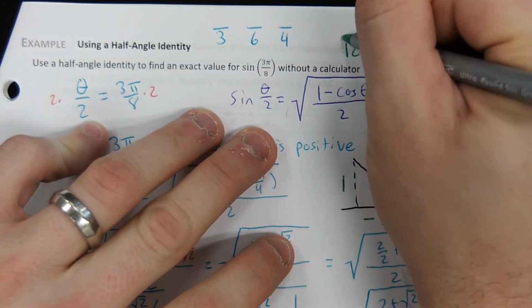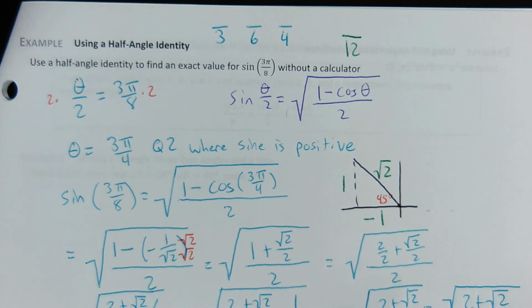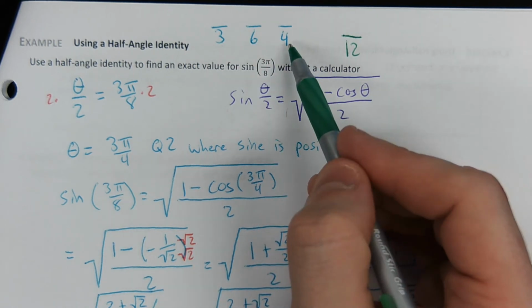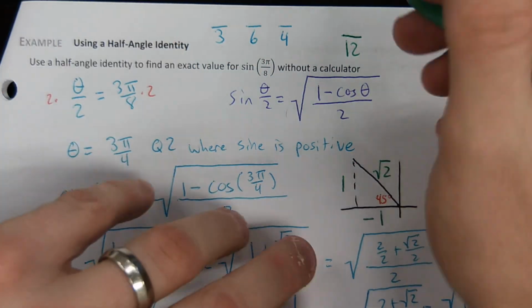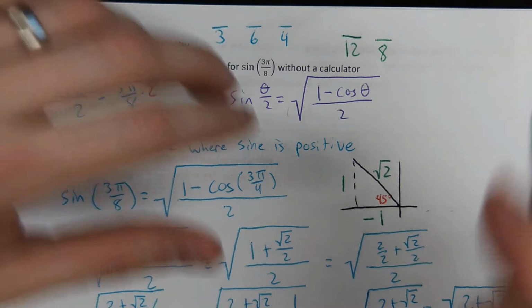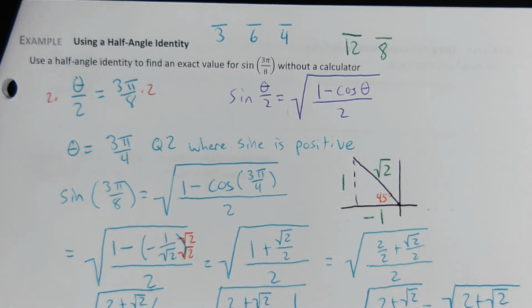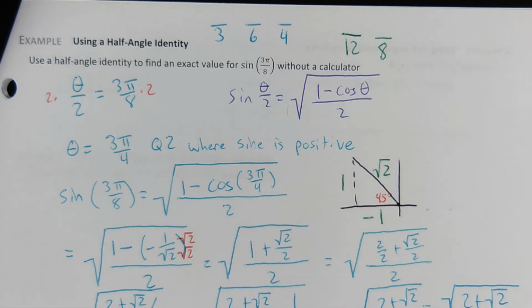So over 12s are really good options for half angle identities because they're half of sixths. And if you cut this angle in half, double the denominator, you get over 8s. So these are your targets for half angle identities, your over 12s and your over 8s. Do you always have to use a half angle identity for over 12s? No, you don't.